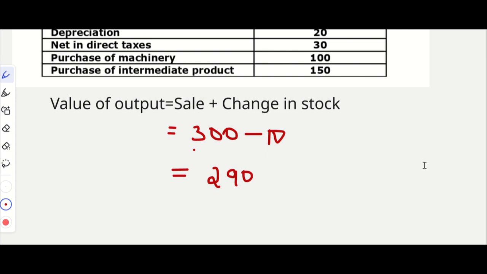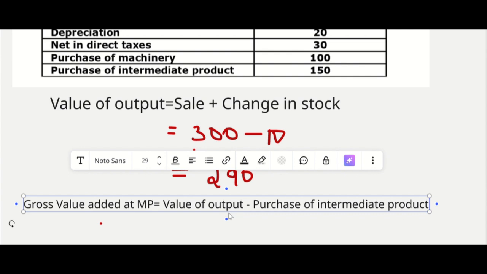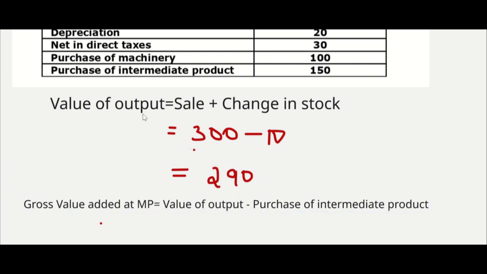How will you find the gross value added at the market price? You can use the equation: gross value added at the market price is equal to value of output, that is what we have found already, right? Minus purchase of intermediate product. So what is our value of output?